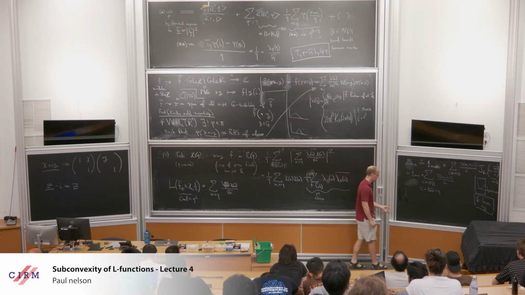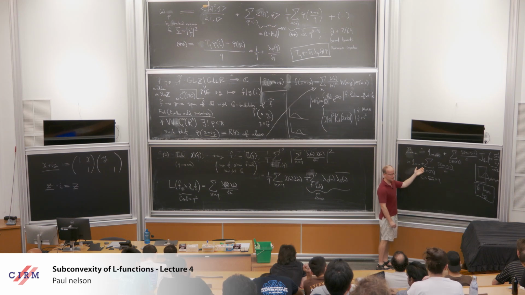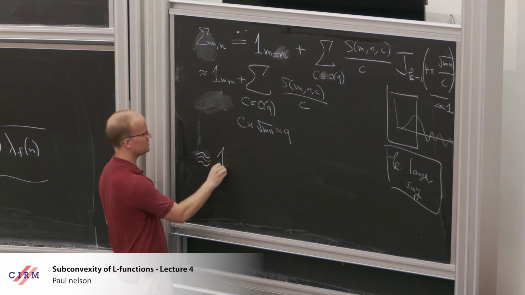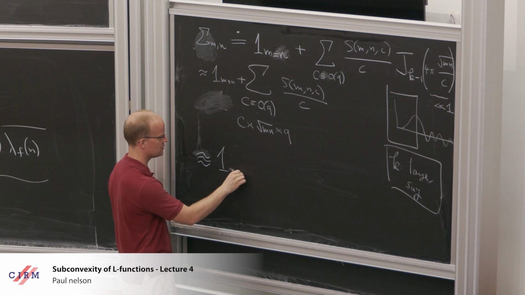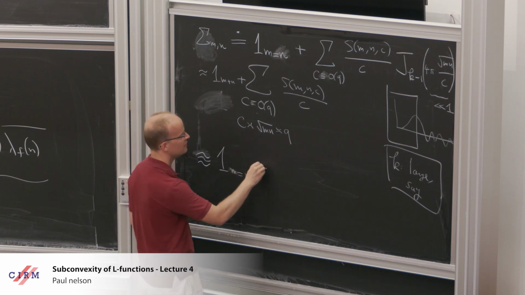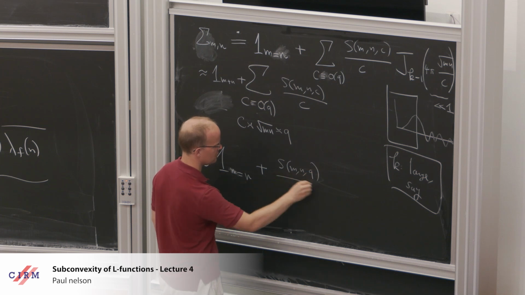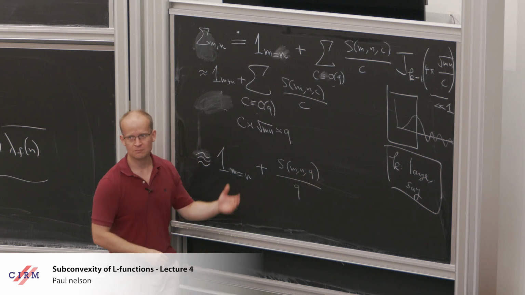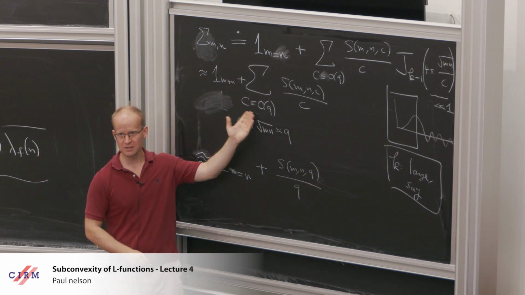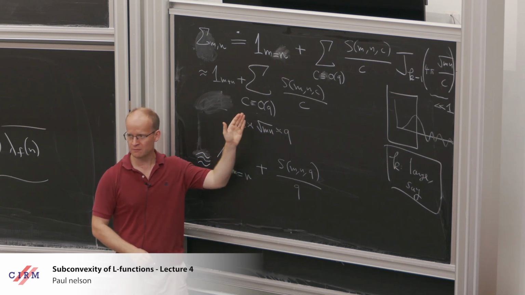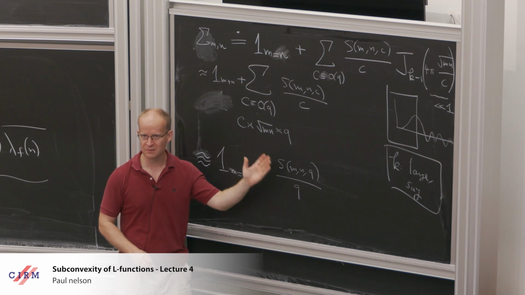Okay, and so when one is first working on a problem like this, you might say, let's focus on the contribution of the typical term. So maybe I'll use three approximations to say this is really quite close to detecting if m is n, and then you're just left with, let's say, something like S of m, n, Q divided by Q. In general, you'll have roughly finitely many terms corresponding to all the values of C that are comparable to Q and divisible by Q, but a typical one will look something like this.